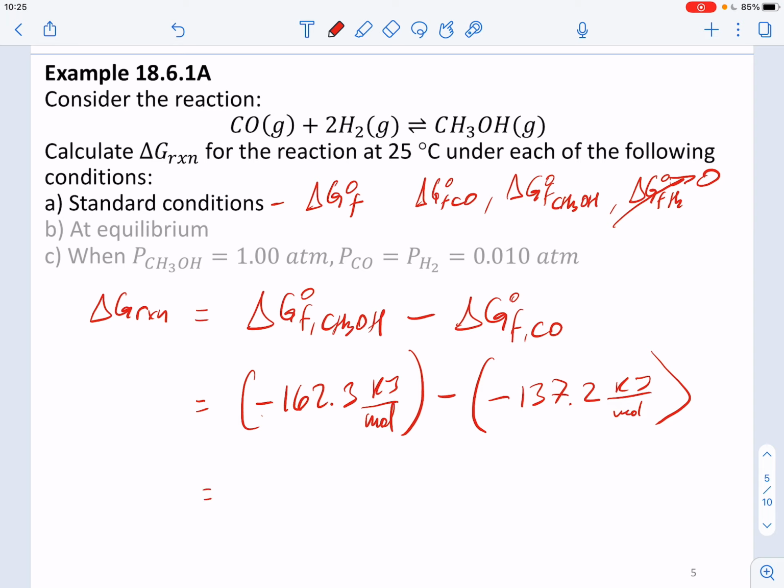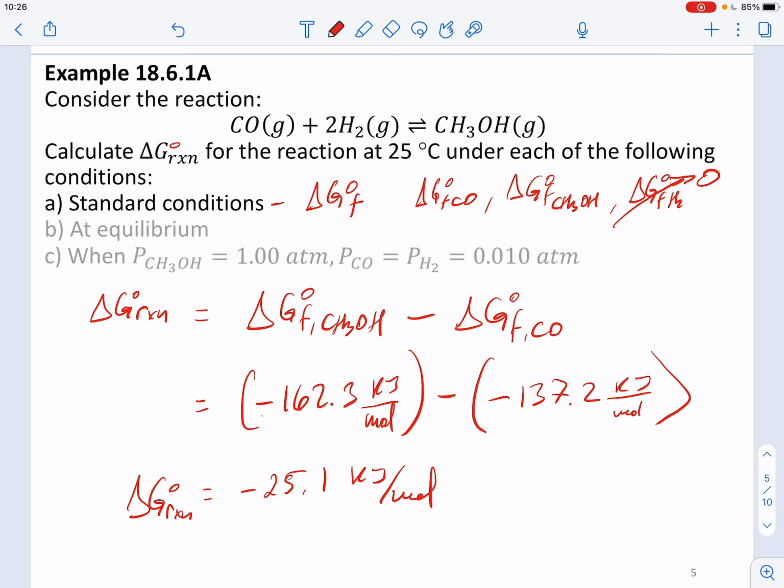So when you complete this calculation, you end up with minus 25.1 kilojoules per mole. Now, it's not specified here, but this is the delta G standard for the reaction. Okay, so it's delta G under standard conditions for that reaction.